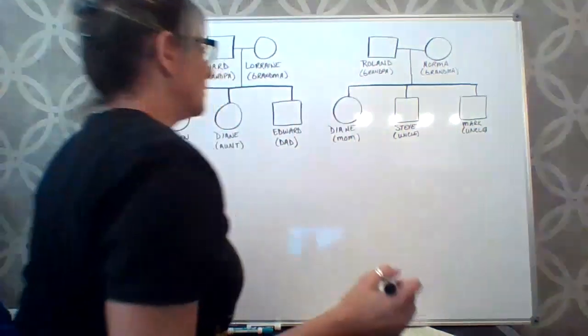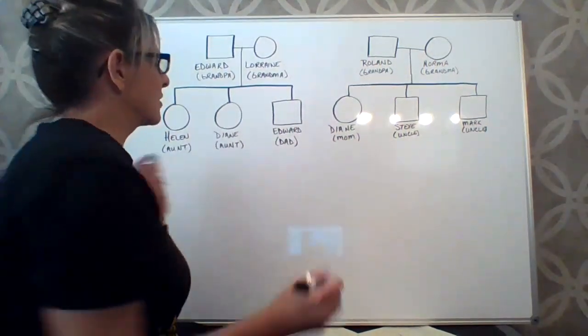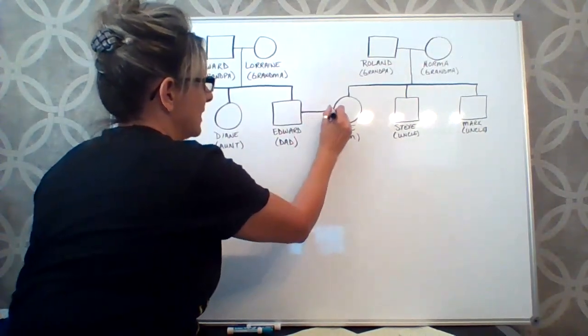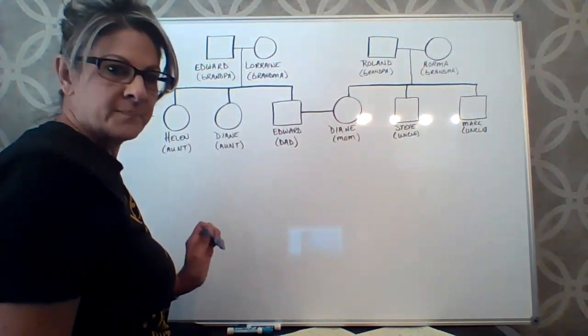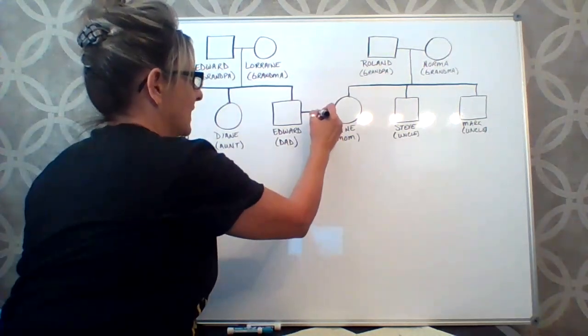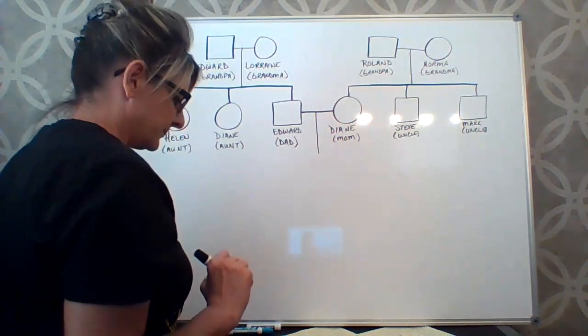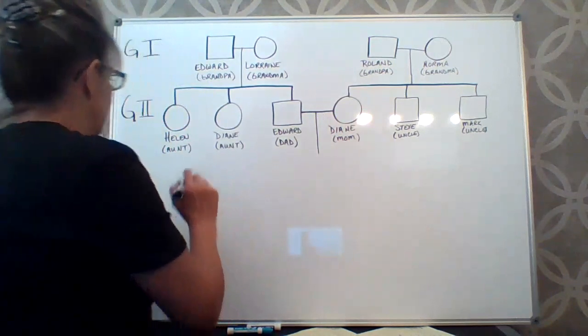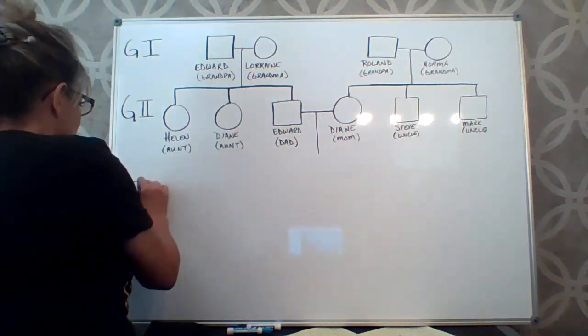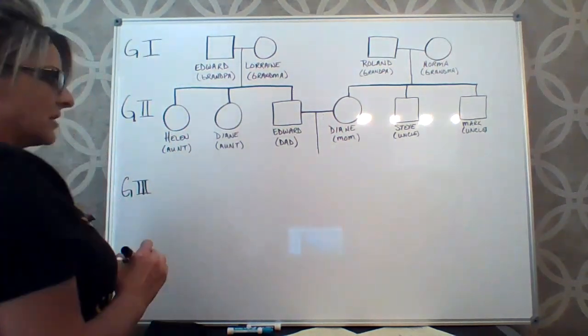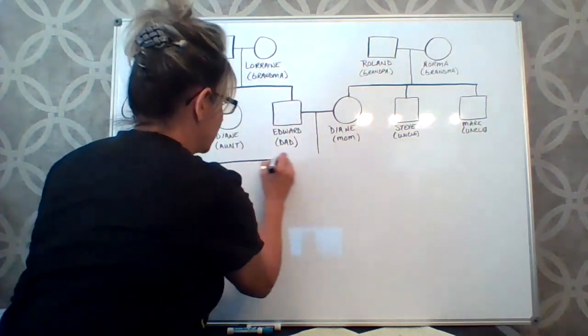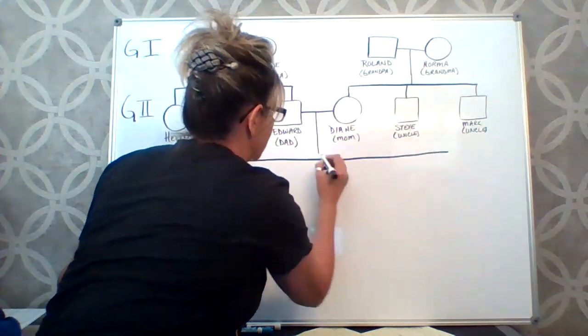Now, like I said, we always are going to draw that marriage line. So we're going to draw a marriage line between my two parents, okay? And then we're going to draw that line of descent on down. And we're going to start to fill in generation 3. Okay, so we're going to draw a nice long sibling line here.